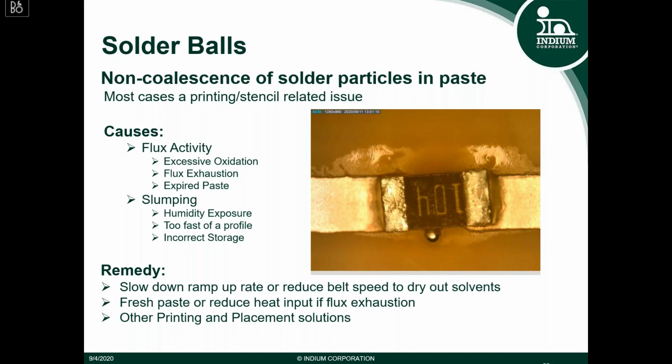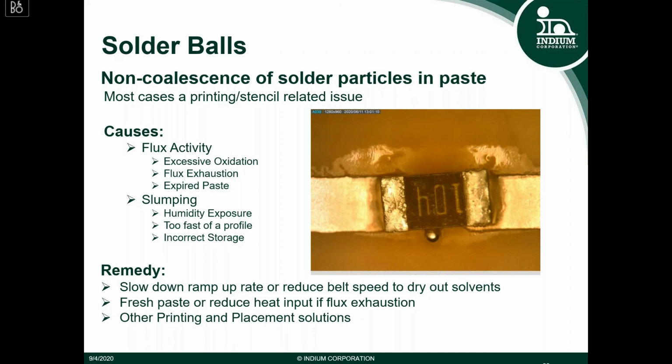When the assembly goes through the reflow step, possibly the component or the paste deposits slump under the component. As I mentioned, the two paste deposits can connect under the body of the component, and as they start to melt, surface tension will pull them back and separate them, but still leave some solder under the body of the component.